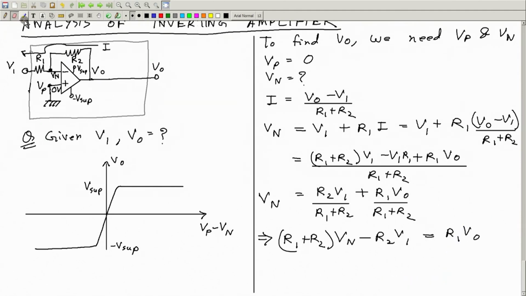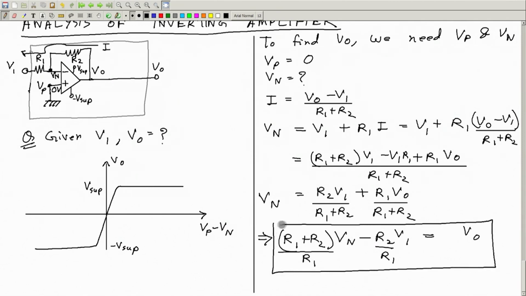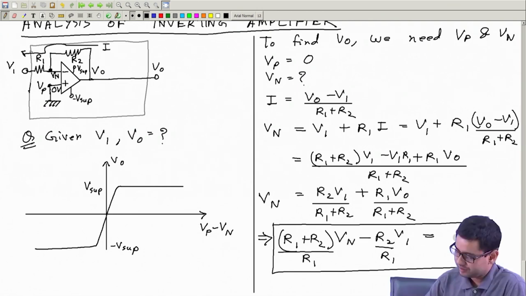Or you can jump a step and divide this by R1. So this is the relationship between Vo and Vn. Please verify my calculation. If I have made any mistake, please tell me.